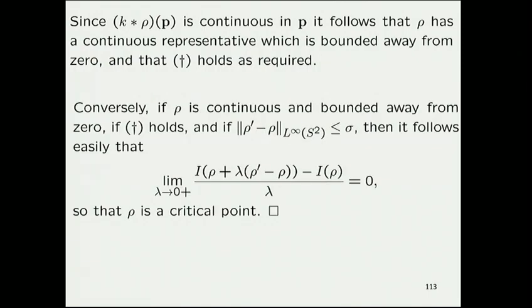And the other direction is obvious. If rho is continuous and bounded away from 0, and if star dagger holds, then you just calculate this. There's no problem in calculating the difference quotient, and so rho is a critical point.